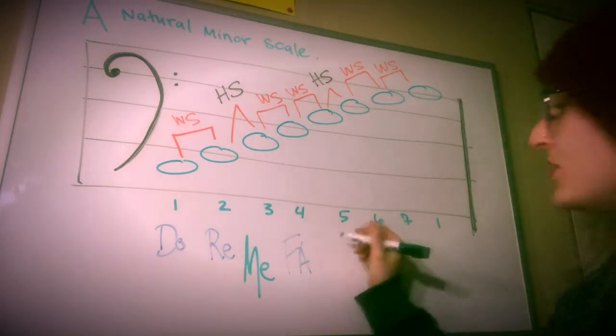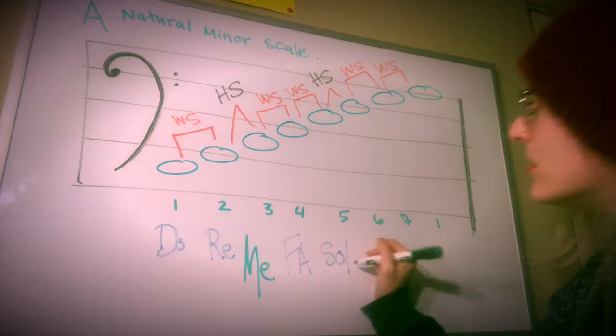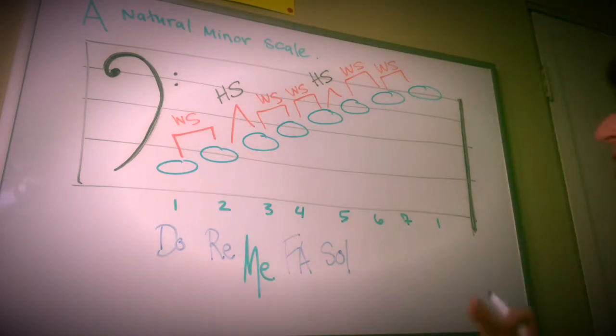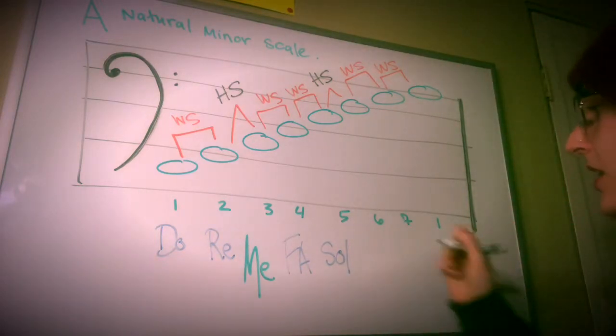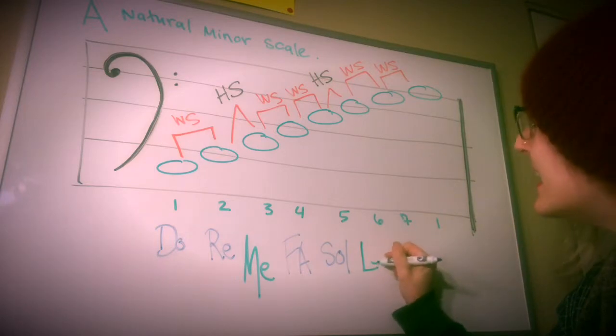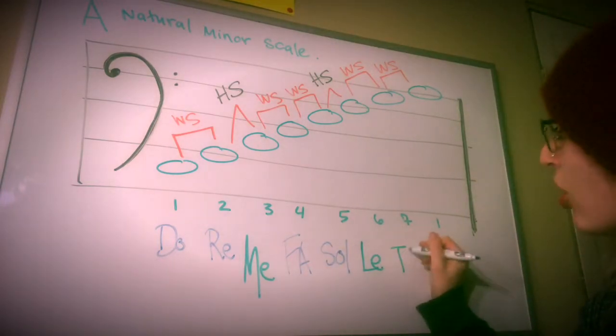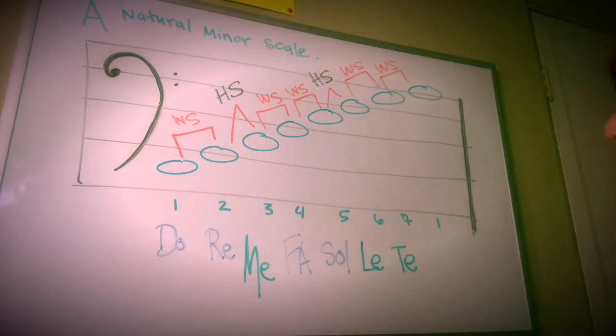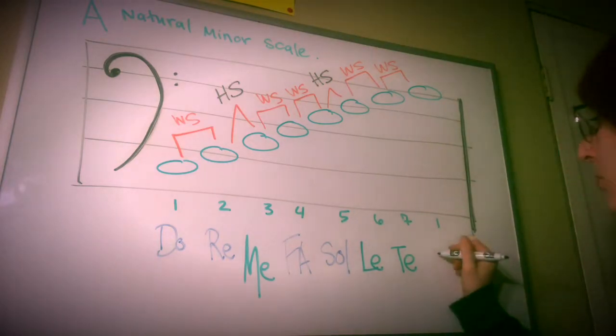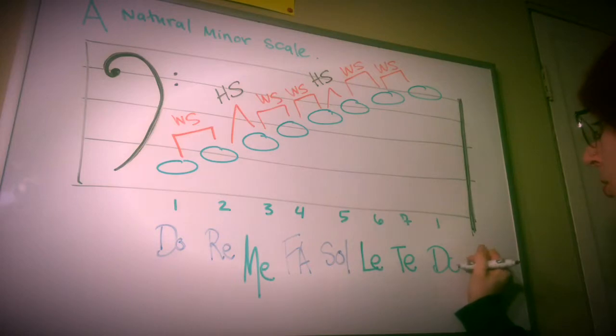You go up a whole step to sol. Here, you go just a half step in order to get what we now call le. And then up a whole step to what we now call te, which is a whole step down from do.